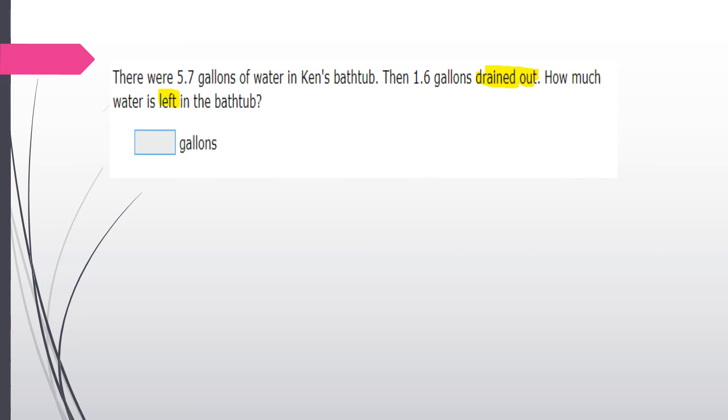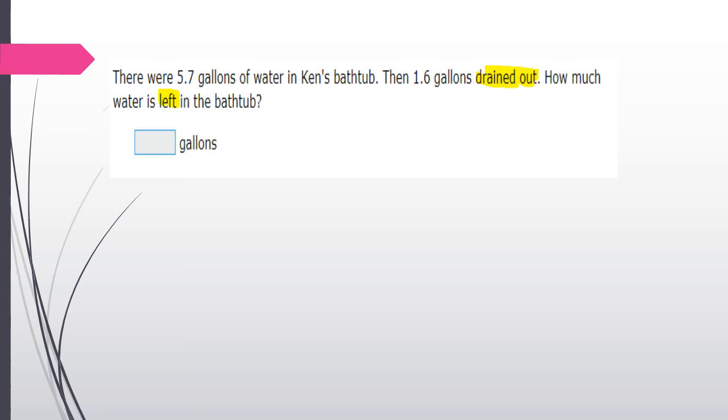The last example. There were 5.7 gallons of water in Ken's bathtub. Then 1.6 gallons drained out. How much water is left in the bathtub? Left, drained out, minus.